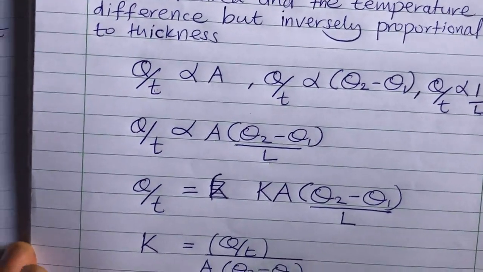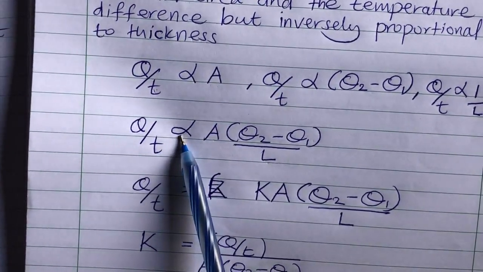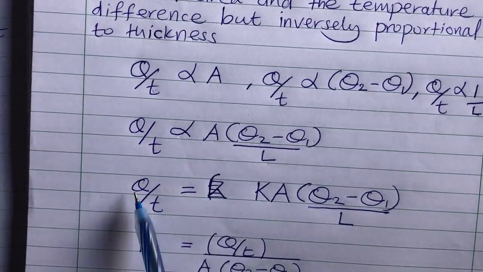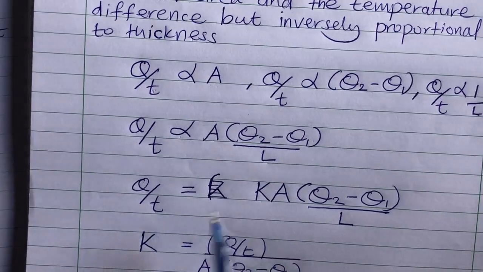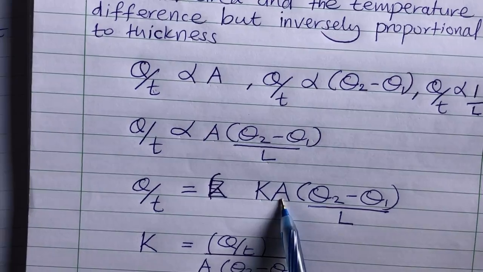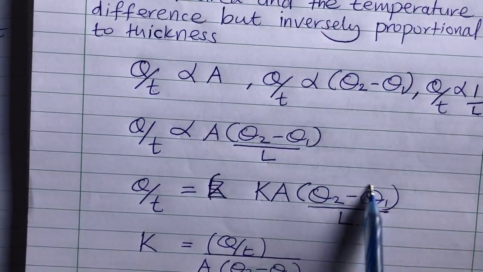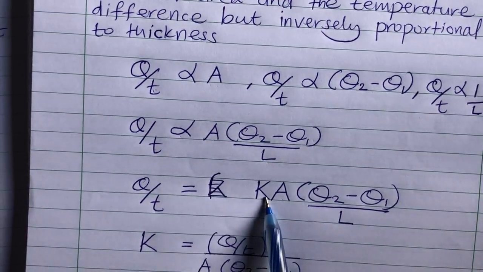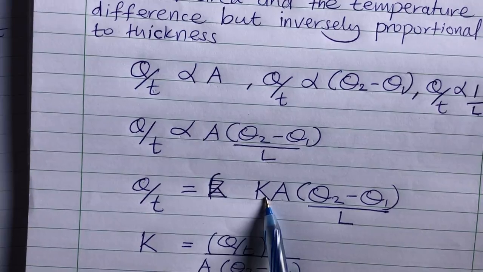However, when we substitute the proportional sign with a constant, we get the rate of heat flow being equivalent to constant K times the cross-sectional area times the temperature gradient. And therefore, this constant K is what we are calling thermoconductivity.